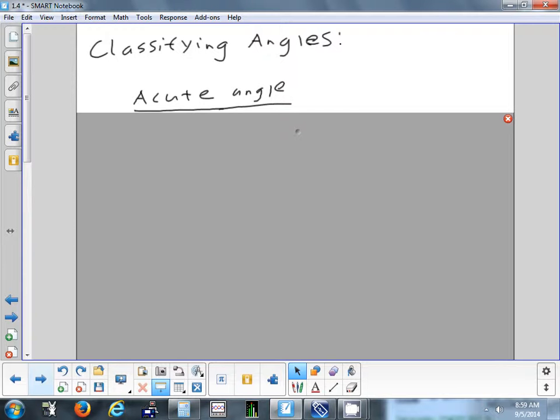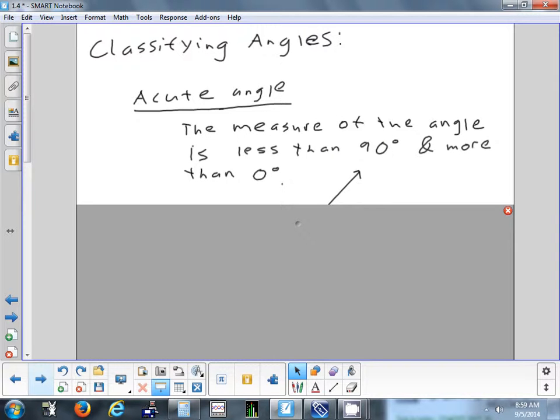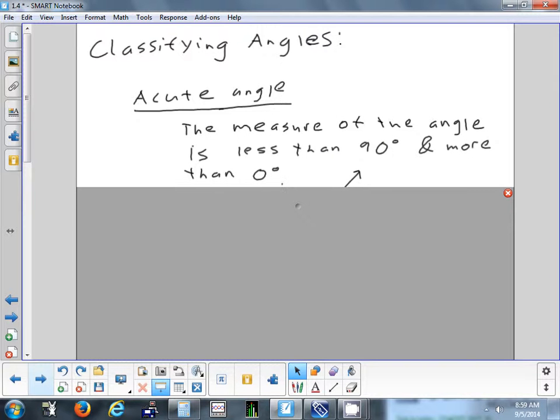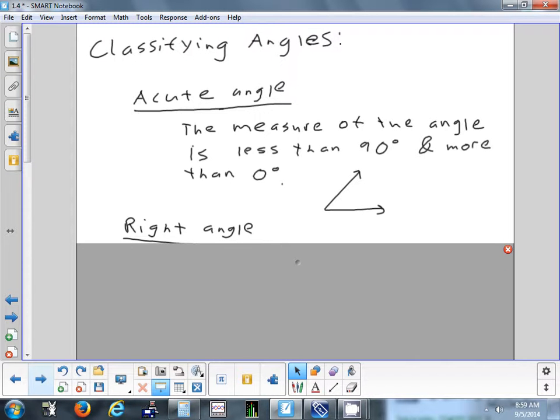It has to be less than 90, but it does have to be more than something else. Yeah, it has to be more than 0. If the angle is 0, then you don't really have an angle. And if you have a negative angle, like negative 10, that's not an acute angle. So there's a picture of an acute angle. Less than 90, more than 0.